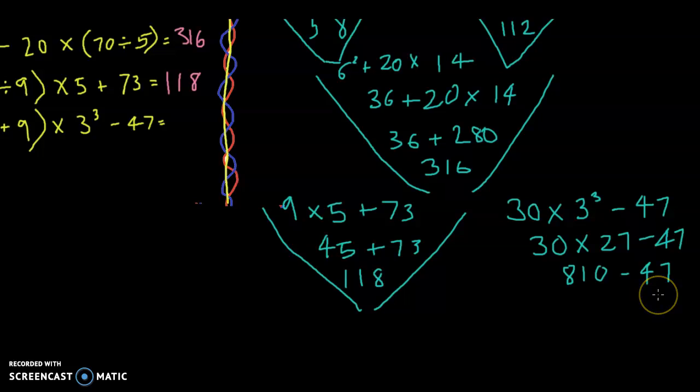Let's add it to make sure. 773, 7 plus 3 is 10. I don't think that's correct. It's 763. There we go. Good thing we make sure, right? 763. And there we have it. That's our answer.